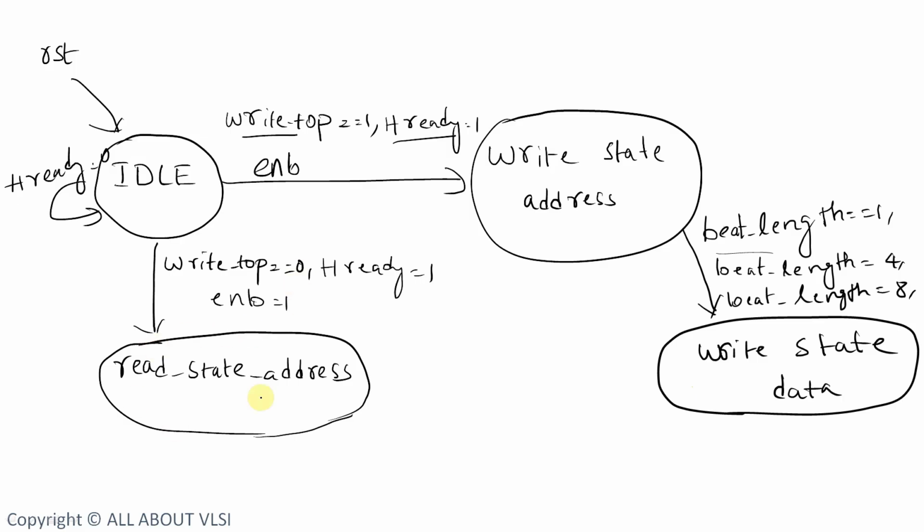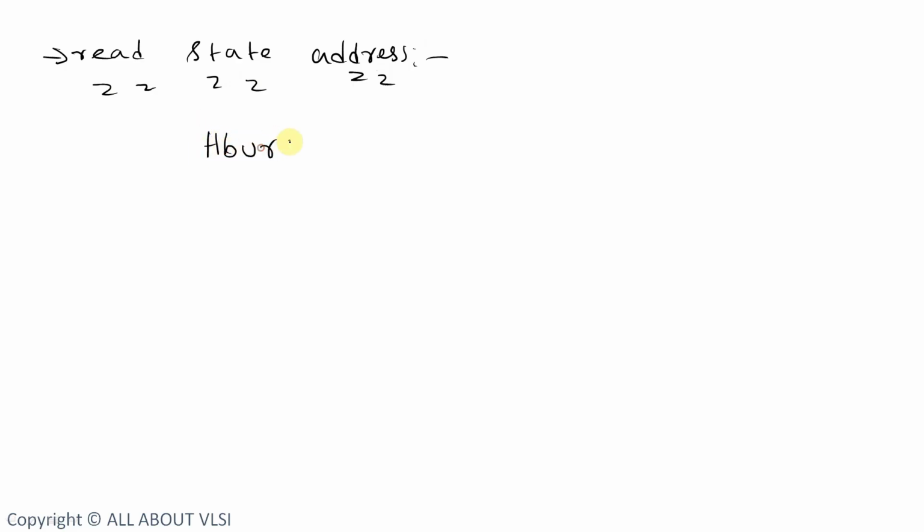Now coming to this read state address. In this read state address, let me write down what I'm going to do. In this state, I'm going to make my HBURST equal to 0 and HTRANS equal to, and I'm going to make my HSIZE equal to 010, that means 4 bytes.